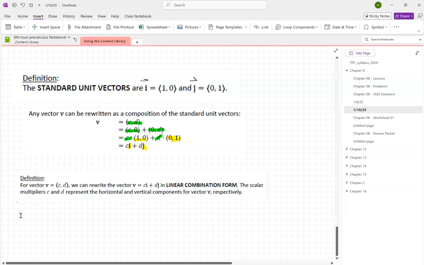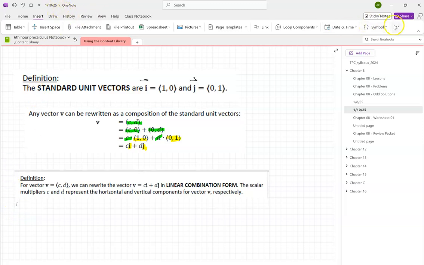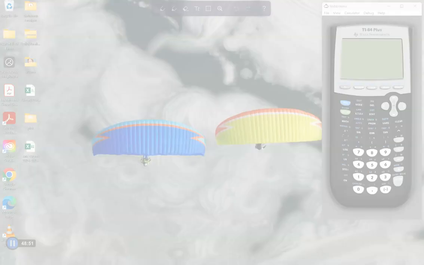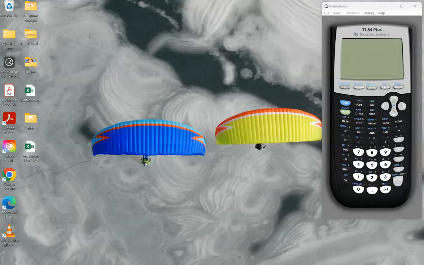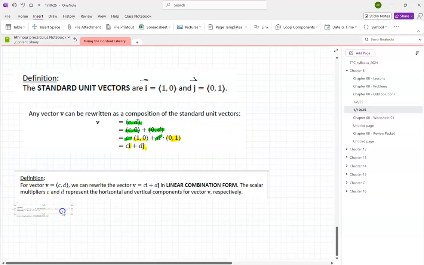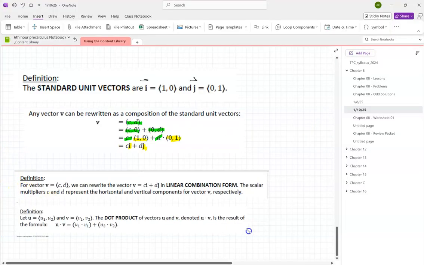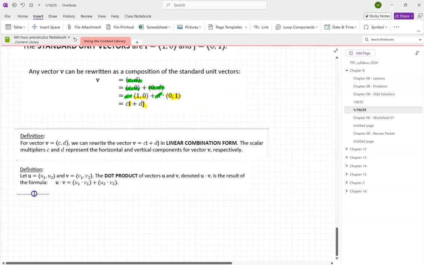Next up, we have another vector operation to define now. This is called the dot product, and the dot product is a little unusual because what we do is we're going to take two vectors and we do the dot product of them.